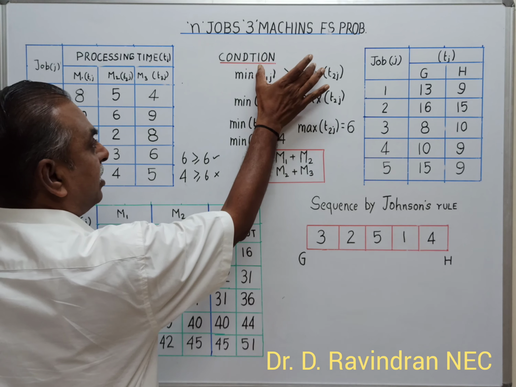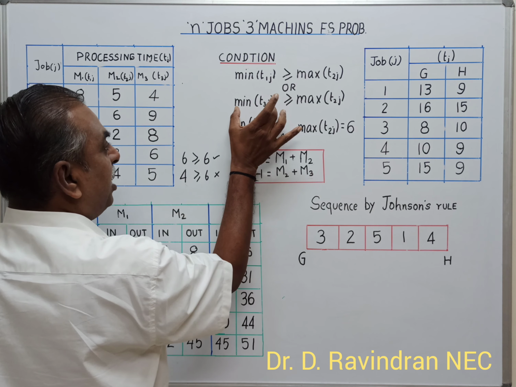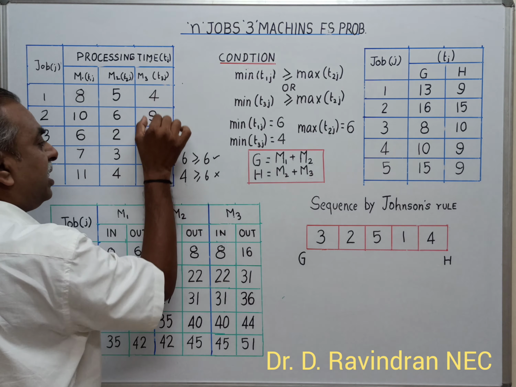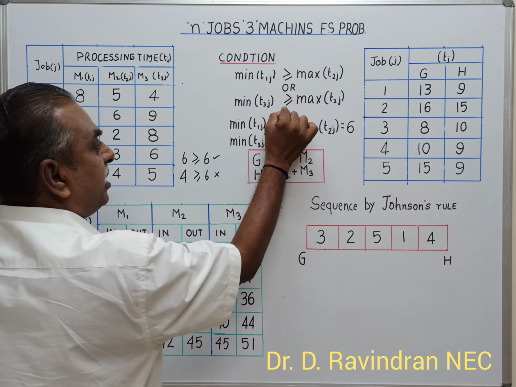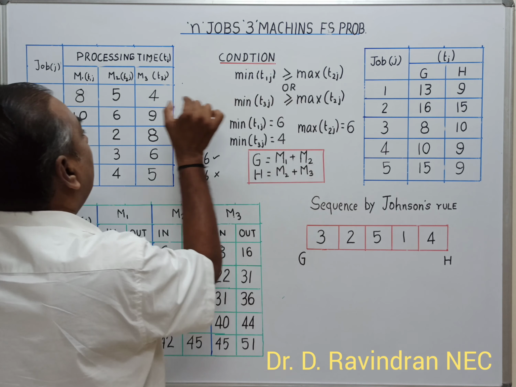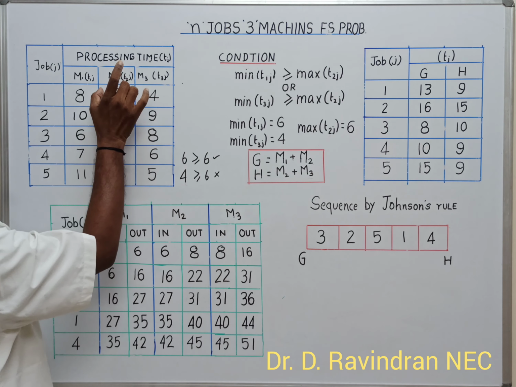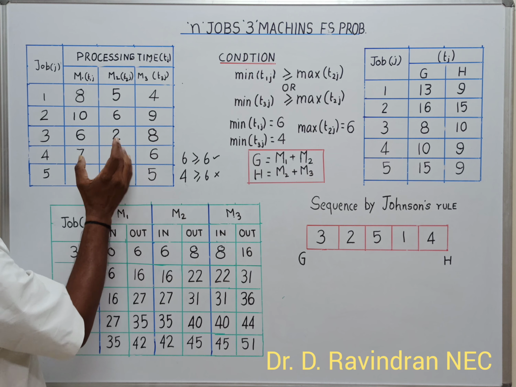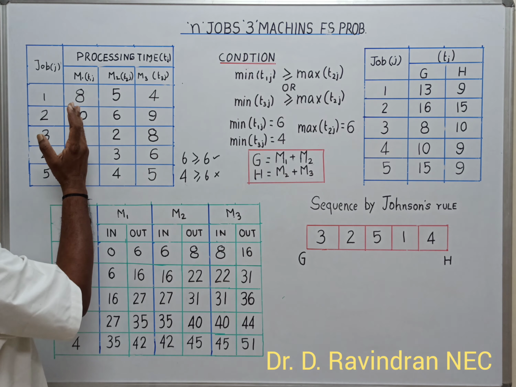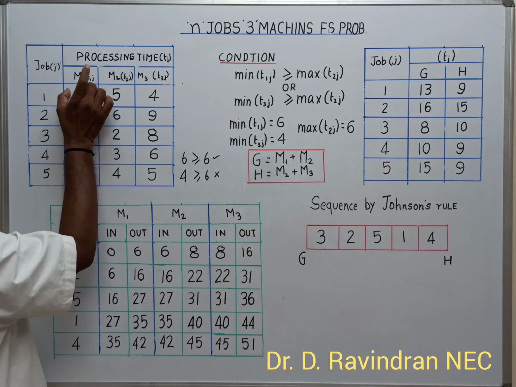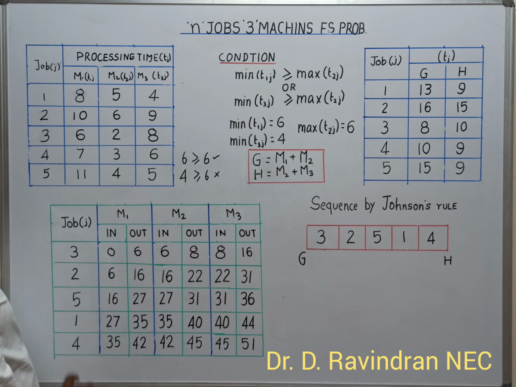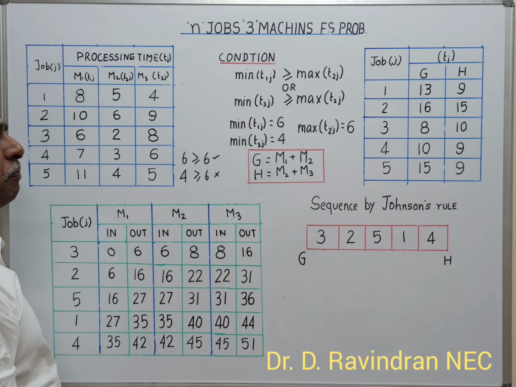Or either this condition: the minimum of T3J should be greater than or equal to maximum of T2J. That is, the maximum processing time of the middle machine should be less than or equal to the minimum processing time of machine 1 as well as machine 3.